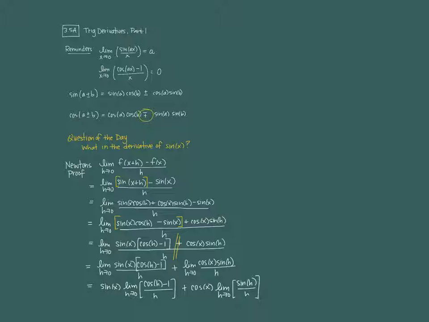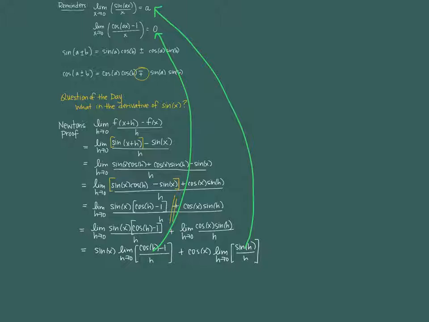That is going to be connected all the way back to that value, because cosine of anything minus 1 over that same thing, and then the sine of h over h traces all the way back to that one, to the value of a. So we're going to replace them. So what am I replacing the cosine limit part with? 0. And what am I replacing the sine of h over h with? What's a in this case? 1. Okay, so I'm replacing those two values.